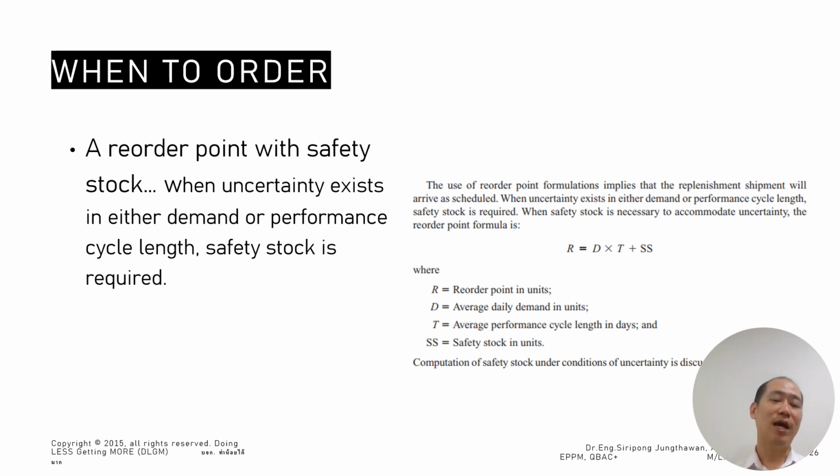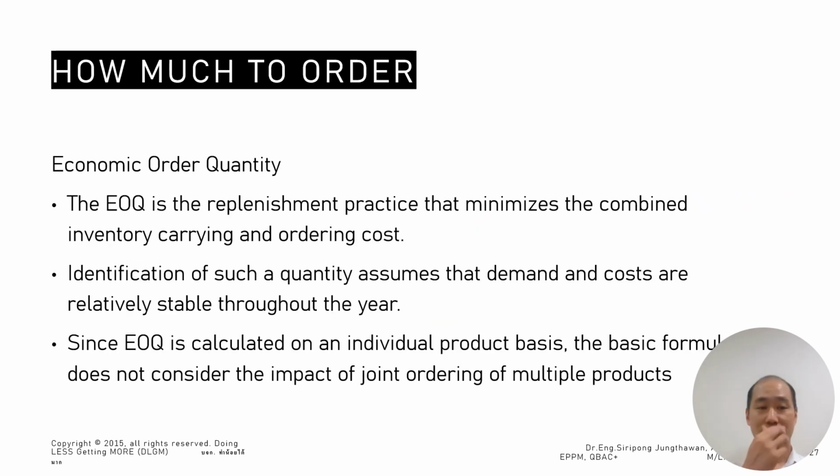Safety stock is the idea of designing an inventory buffer to help you reduce the risk from inventory shortage. That's the basic idea. Then you know the time, and then you need to know how much to order. For that we have the other idea, which we call the economic order quantity.